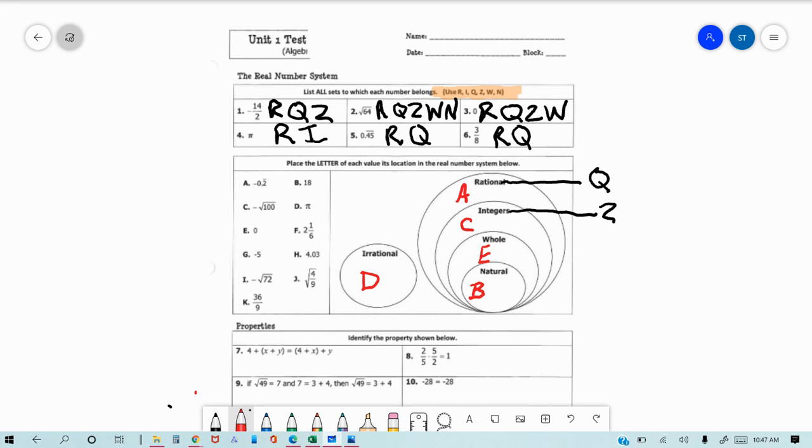F is a rational number. G is an integer. H is a rational number. I is an irrational number. J is a rational number. And K is a natural number. Okay?